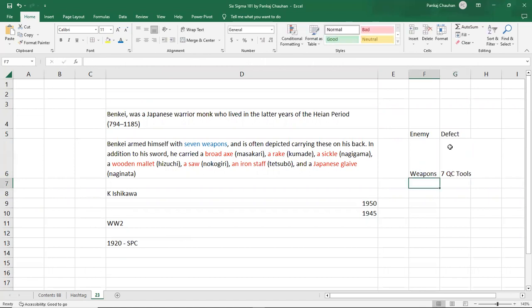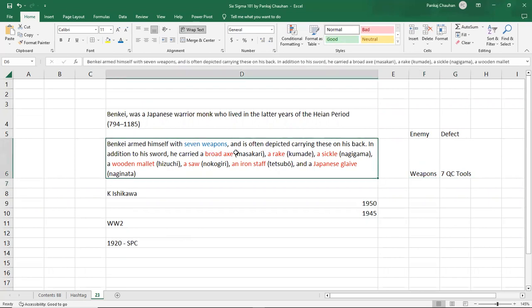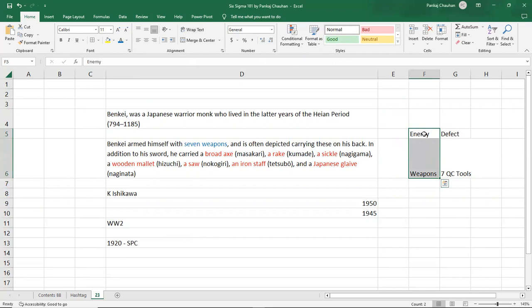That is the history behind that. In a similar way as Benkei was carrying 7 different weapons to kill the enemy, Ishikawa gave 7 different weapons, as in the 7QC tool, to the operator to kill the enemy, and the name of the enemy is the defect in the process.